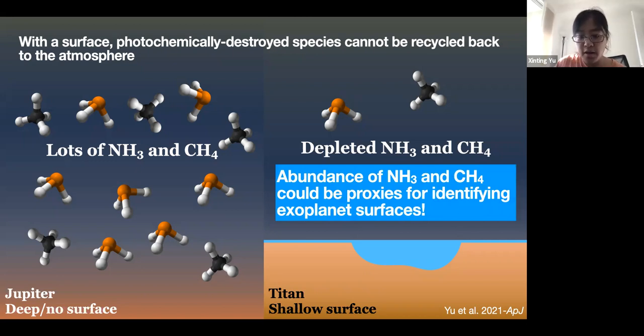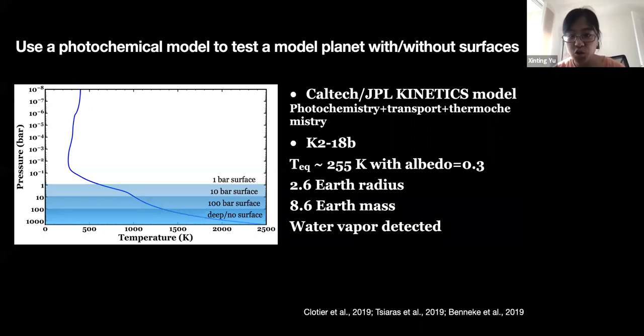To test this idea, we have a wonderful collaborator, Julian Moses, and we used a state-of-the-art photochemical model, the Caltech JPL kinetics model, to test a model planet, and here we chose K2-18b, both with and without surfaces. On the left, I'm showing you the pressure-temperature profile we used for K2-18b, and for this study, we simply cut the PT profile at different pressure levels and then ran the models.